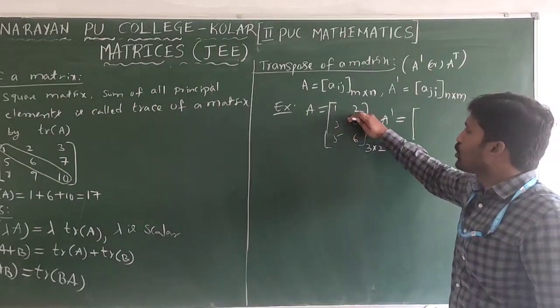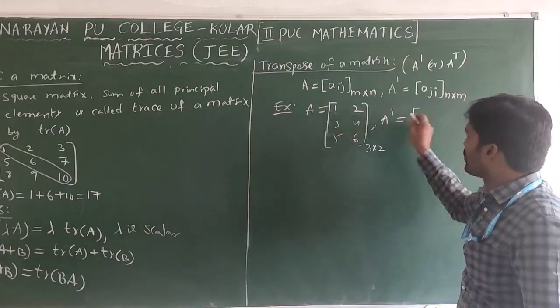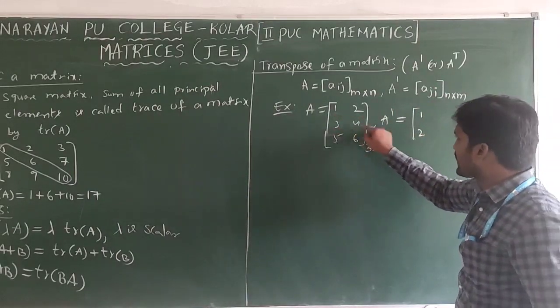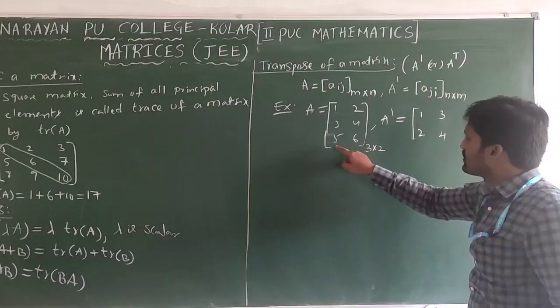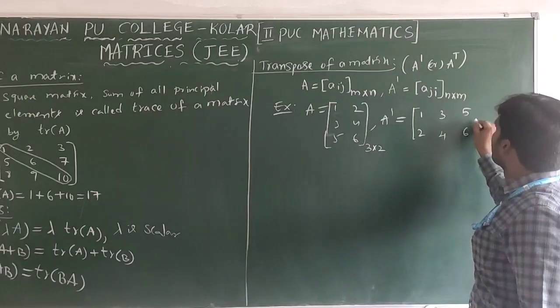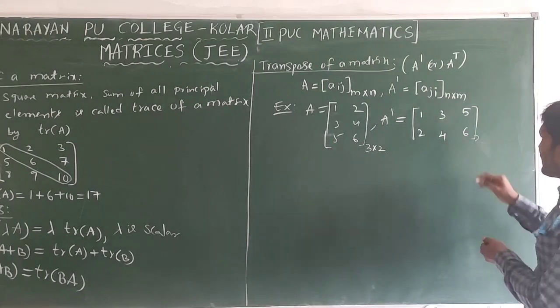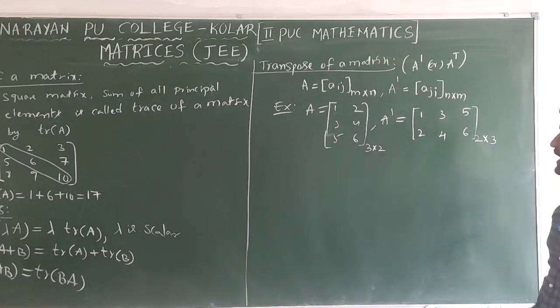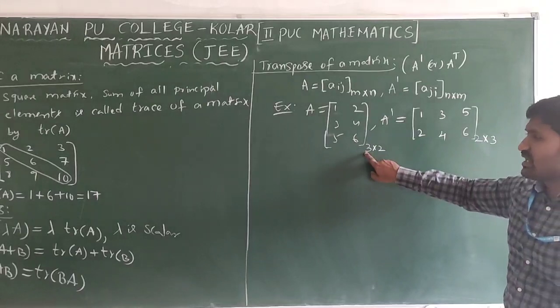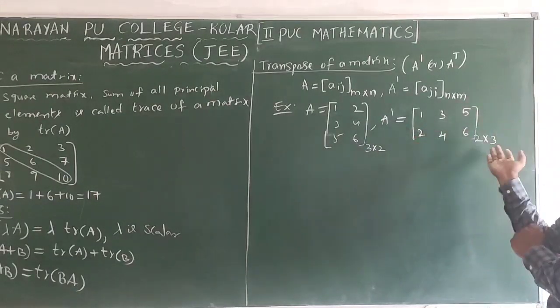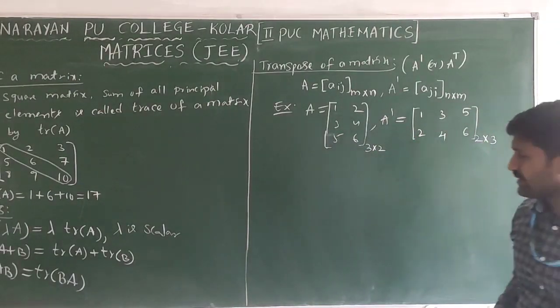Changing rows into columns: the first row becomes the first column, the second row becomes the second column, the third row becomes the third column. Now what is the order? Clearly 2 rows, 3 columns. Actually, matrix A is 3 by 2. After transposing, this becomes 2 by 3.